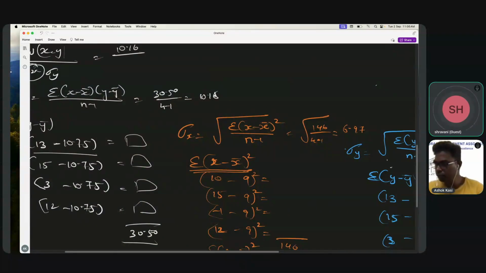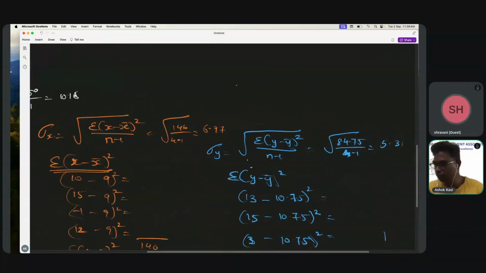So standard deviation of x is 6.97, into standard deviation of y is 5.31.